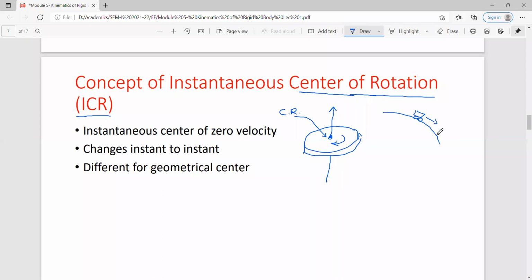So where is the center of rotation of this car? When a vehicle takes a turn, it is moving along the curved path, which means this whole car is rotating about a certain point. Where is the center of rotation of that car?